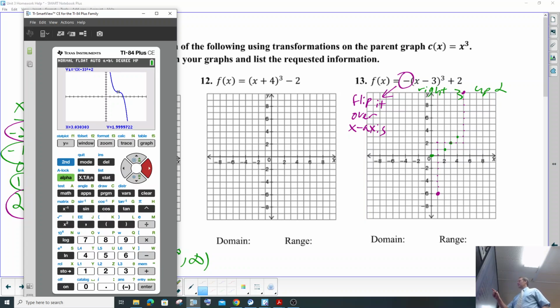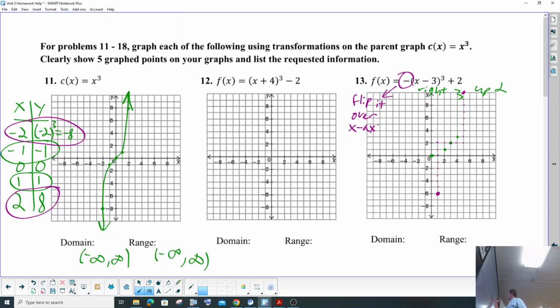It flipped. Our dots look like not just flipped over the x-axis, but actually flipped over the origin. That's crazy, right?